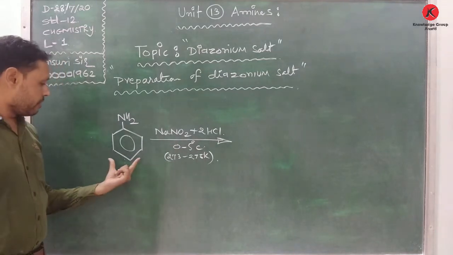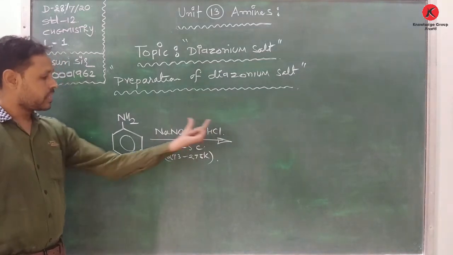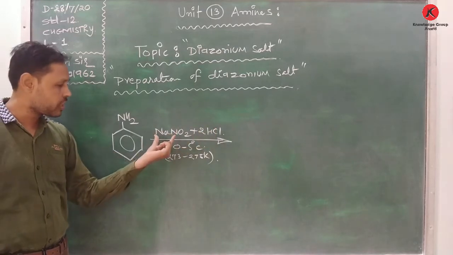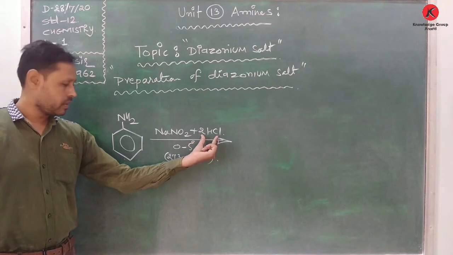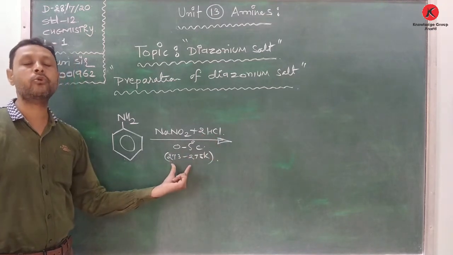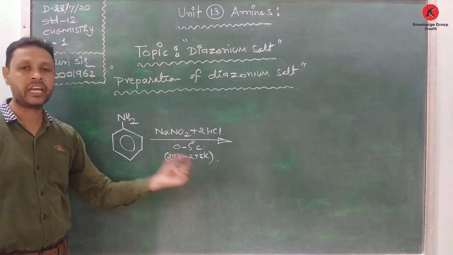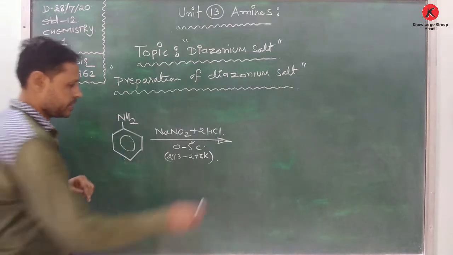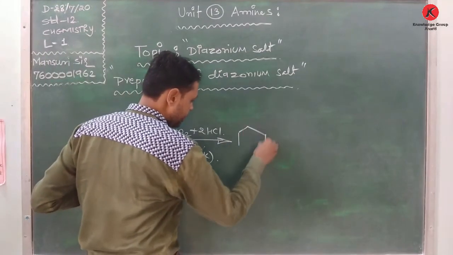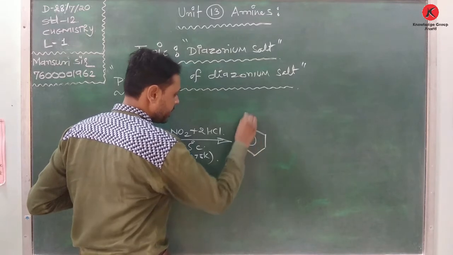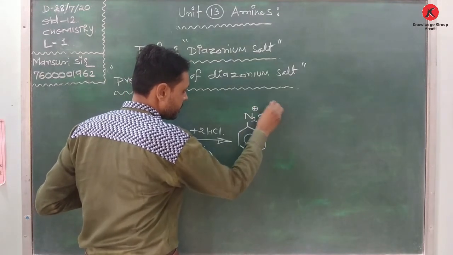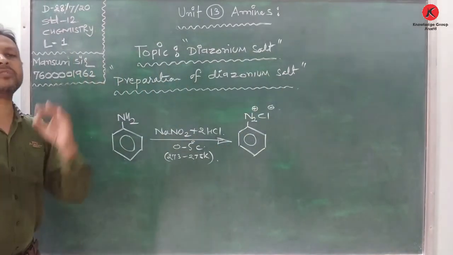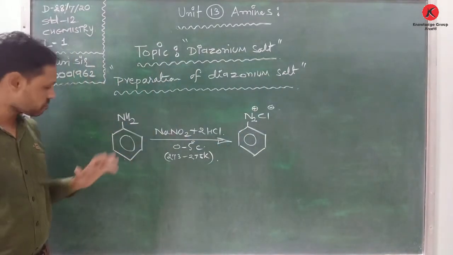So when aniline reacts with the mixture of sodium nitrite and hydrochloric acid by maintaining temperature 273 to 278 Kelvin, then benzene diazonium chloride is formed. How is it possible? Let me discuss.